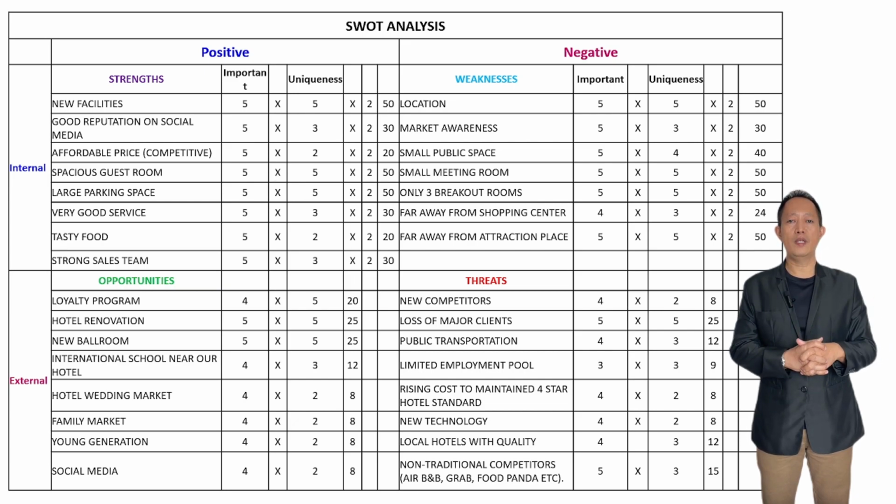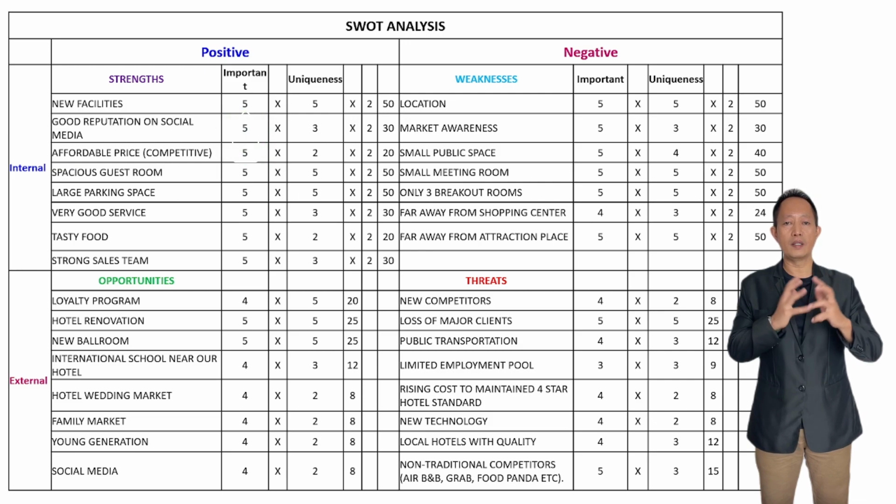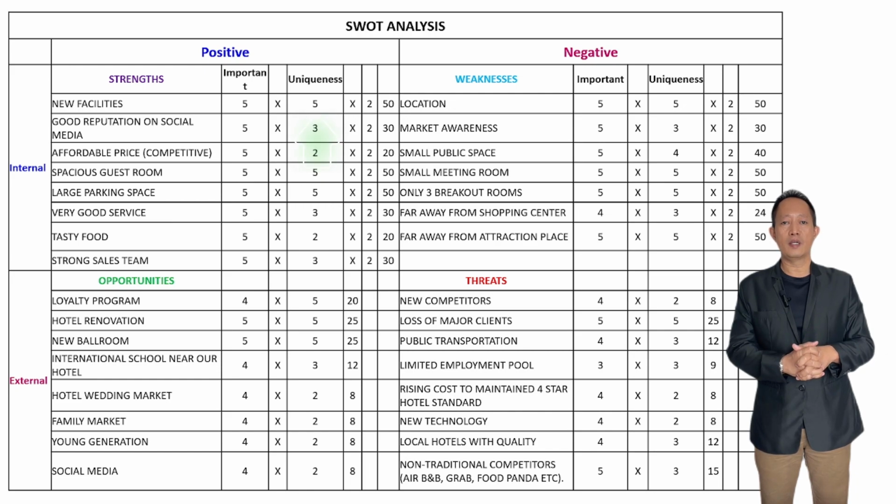That is a very unique selling point. So I think it is a very important strength. That's why I give a 5 score, which is the maximum score. And another 5 score I give on uniqueness, which is very unique. So both importance and uniqueness got the maximum score.